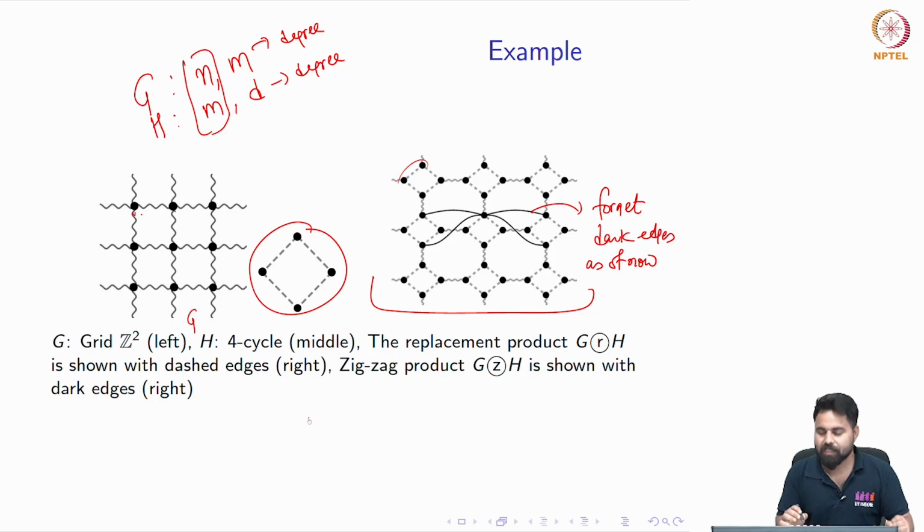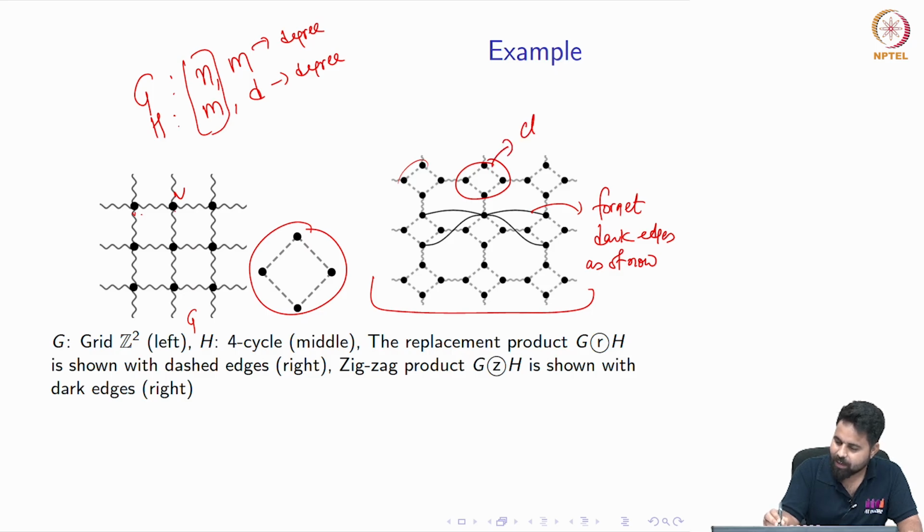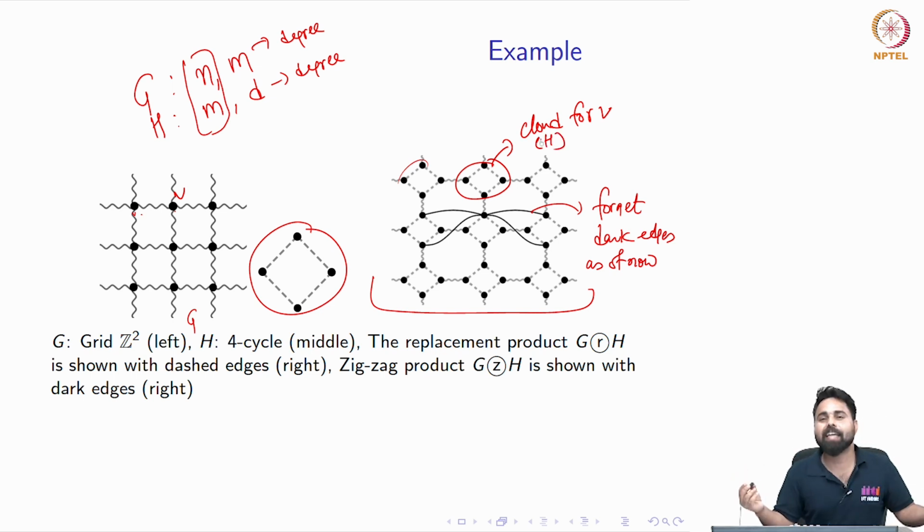Once we replace every vertex with H, that particular copy of H for that vertex we call the cloud of that vertex. For example, suppose this is your V. Then this will be the cloud for V. A cloud is nothing but a copy of H, and all the edges inside the cloud are the edges which were in H. We are not changing those.